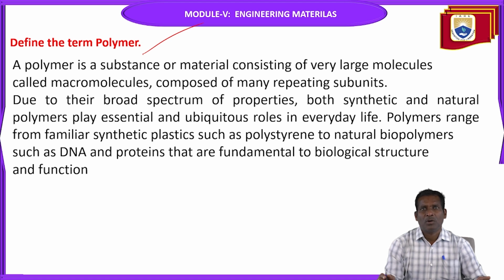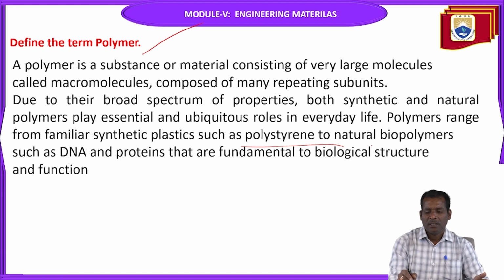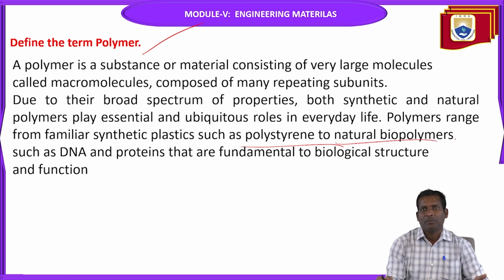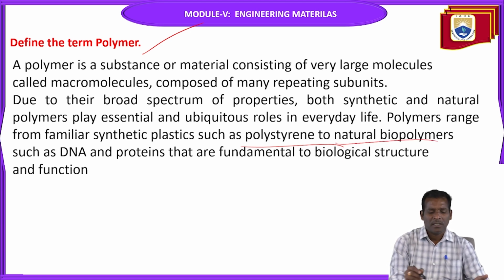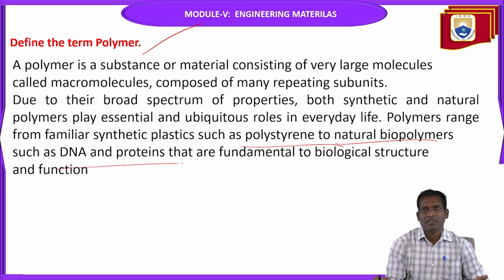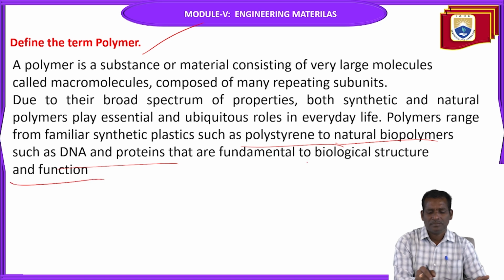Due to their broad spectrum of properties, both synthetic and natural polymers play essential and ubiquitous roles in everyday life. Polymers range from familiar synthetic plastics such as polystyrene to natural biopolymers such as DNA and proteins that are fundamental to biological structure and function.